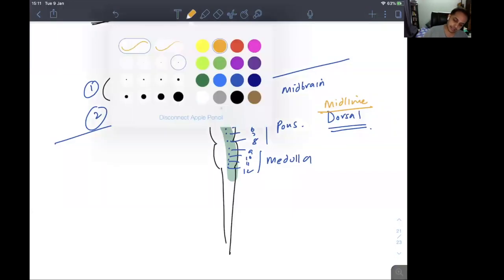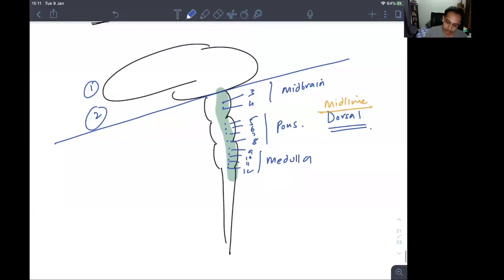And some of the fibers leave from the midline and some of the fibers will leave from the sides. And this is where the confusion can happen. So if there is a midline stroke, the fiber may get affected. If there's a lateral stroke, some other fibers may get affected, but the nuclei are mostly all at the back and all in the center.